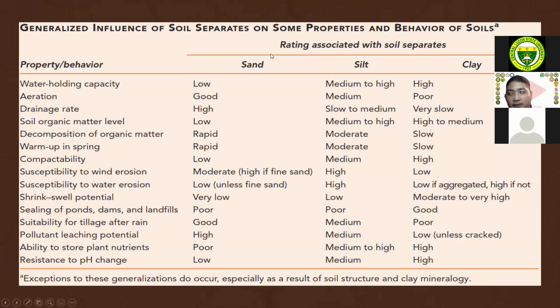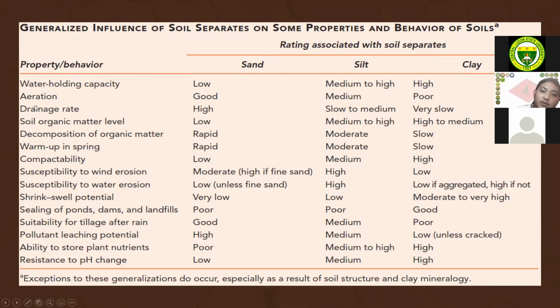Compared to, like for example, if we are planting rice in the field. Di ba ang rice gusto niya i-submerge sa tubig, so it holds lots of water. So karaniwan, syempre, tinatamnan natin ng rice is high in clay. Okay? So dapat alam nyo, i-relate yung properties ng sand, silt, and clay pagdating sa paghahalaman.